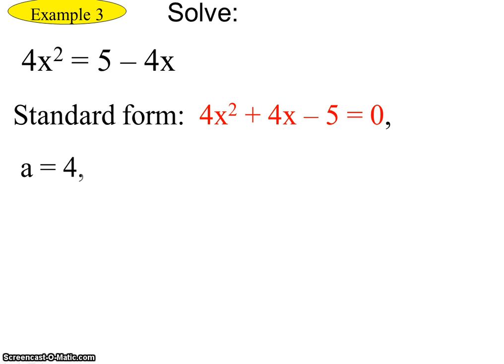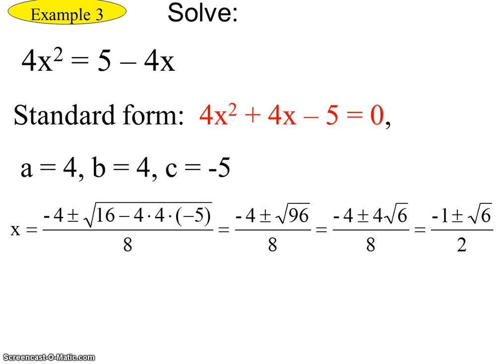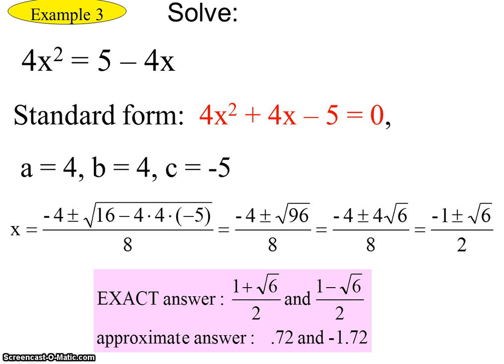Standard form, a, b, and c. Okay, everything filled into the quadratic formula, and then you get negative 1 plus or minus radical 6 all over 2. And that's the exact answer. If you did want to approximate the answer, it's going to be 0.72 and negative 1.72. Sometimes decimals are needed when it comes to word problems.